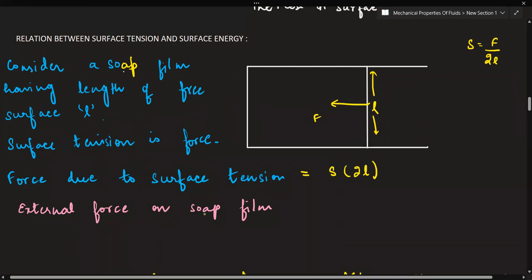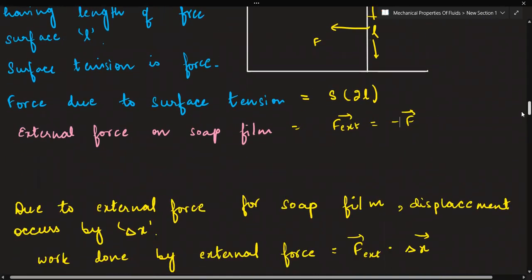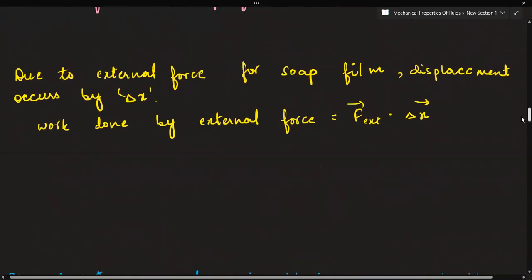Now the external force on the soap film. Whatever external force is acting on the soap film will be equal and opposite to this force of surface tension, so you can write the external force as the negative of the force of surface tension. Due to the external force, the soap film is displaced by delta x.